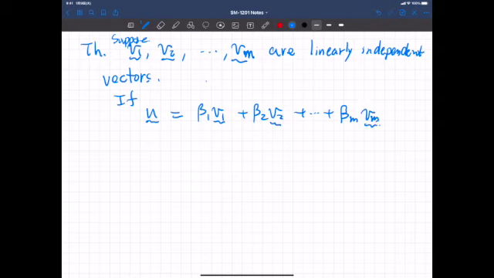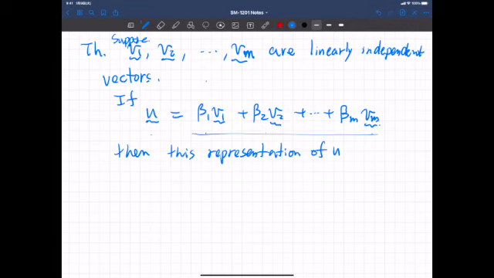So if u is a linear combination of these vectors, then this representation is unique. This linear combination of u is unique.